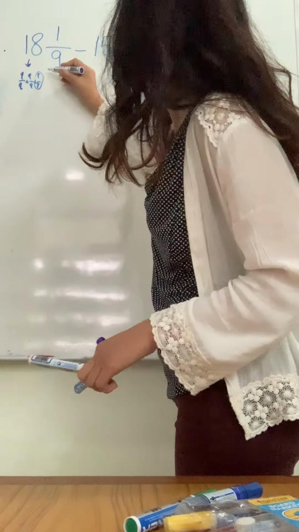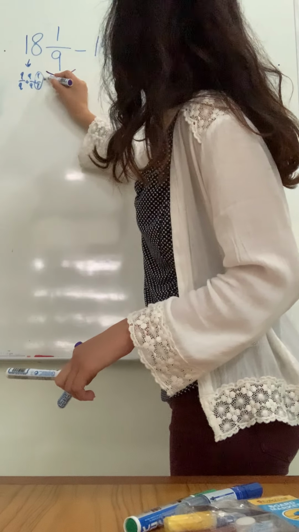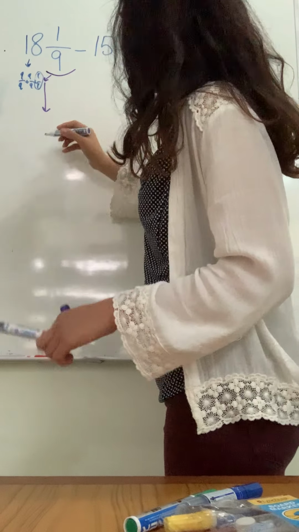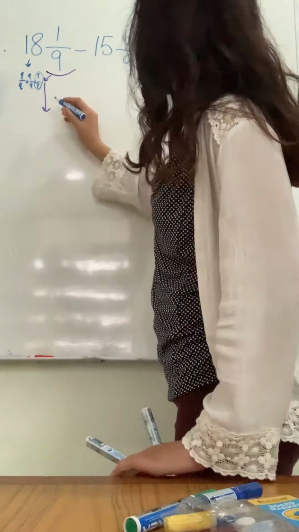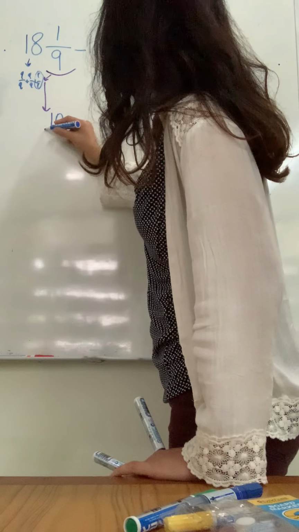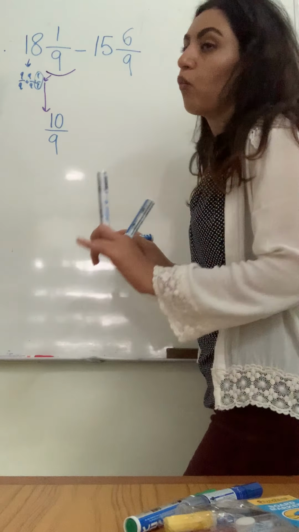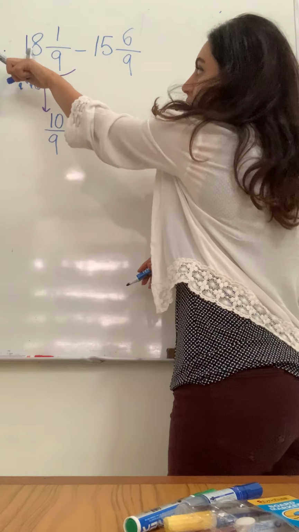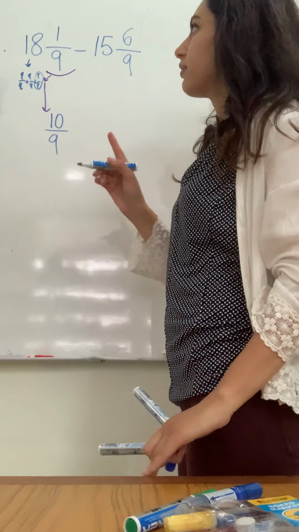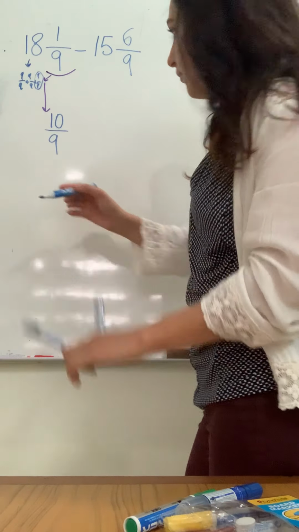So this plus this gives me 10/9. So we took one whole from 18. So you minus 18 by 1, right?